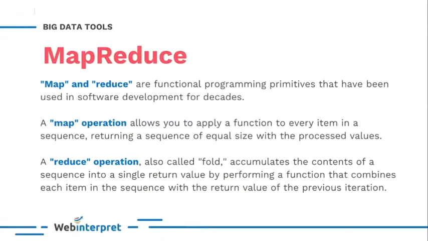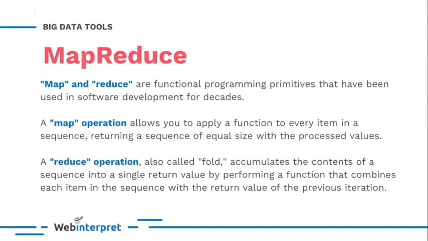So about MapReduce, I will speak about that because later in the demo I will show you how we do the map, and actually there is no reduce, it will be only mapping. So mapping and reducing are functional programming primitives, and they're used in software quite a lot. The map operation allows you to do something on every single item of your sequence, and it returns a sequence of the same length.